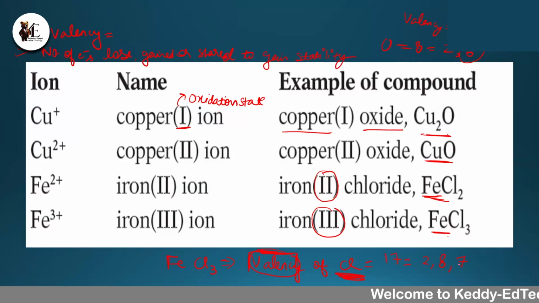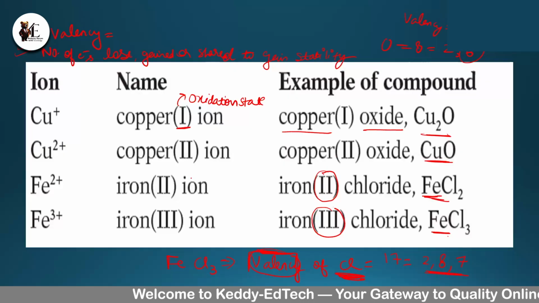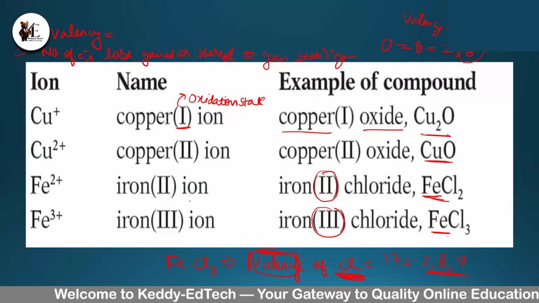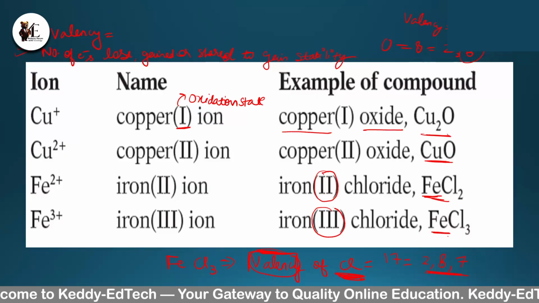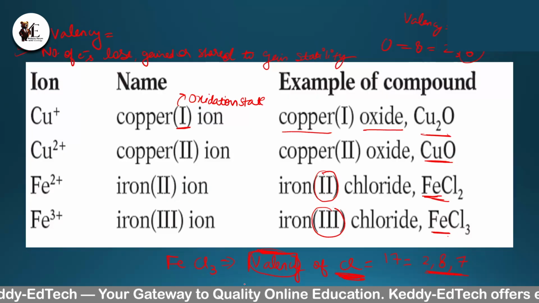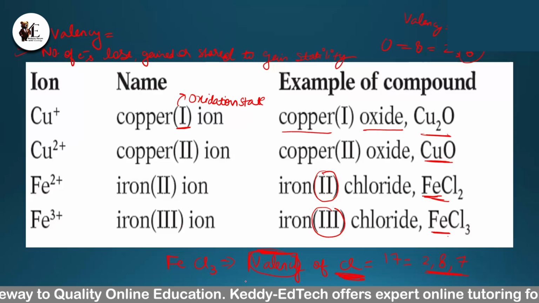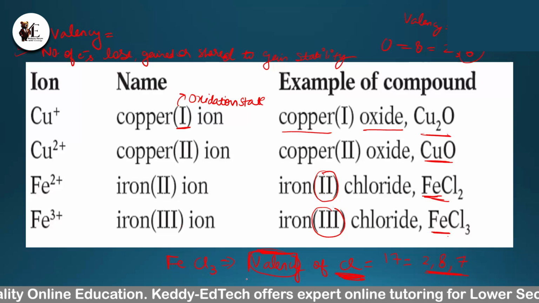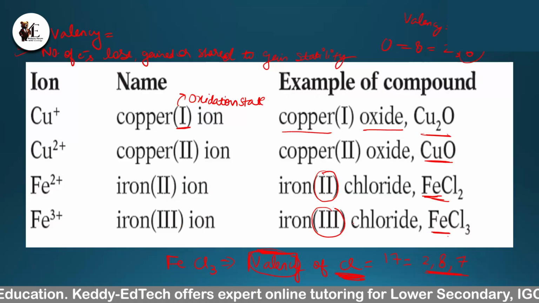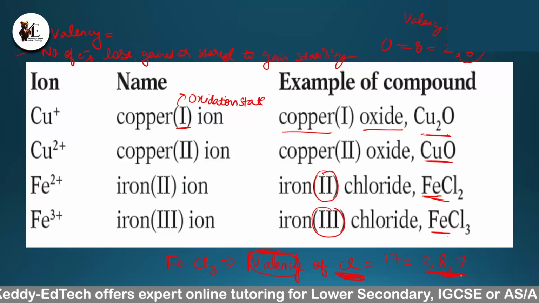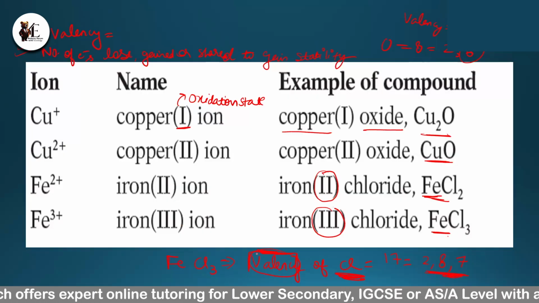So how many electrons does chlorine need to become stable? One. Yes, so what should be its valency? Two, 8, 8. It needs 1 electron to achieve stability, so its valency is 1.